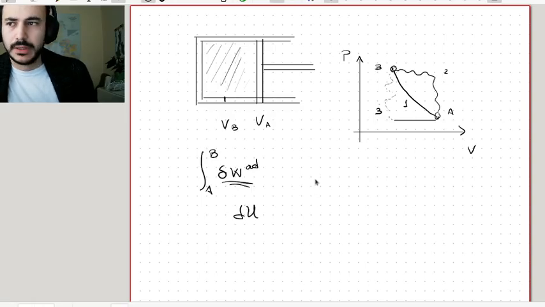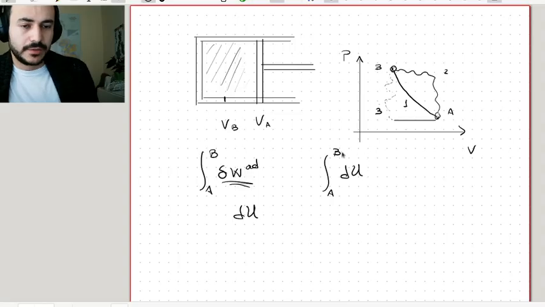Okay, and what I'm saying in this statement about experimental evidence is that the integral from A to B, two equilibrium states, of this new thing only depends on what the endpoints are, and it's independent of the path.